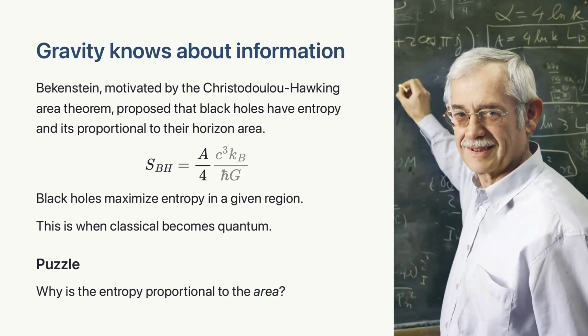So this is the moment when the classical becomes quantum, right? So you have a classical black hole, which some people say has no entropy. It's actually not true. A classical black hole actually has infinite entropy. This is a bit technical, so I'm not going to go in there. But in the classical case, you don't really normally talk about the entropy of a black hole. But you realize this is a region of no interaction. The information gets lost.